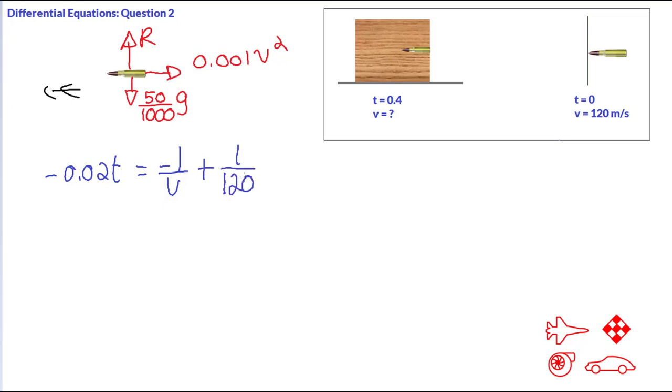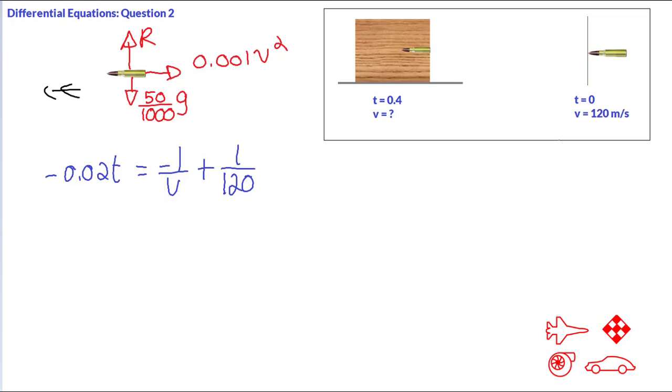Now I want an expression for v as a function of time. So v the subject and time on the other side. I'm going to add 1 over v to both sides and add 0.02t to both sides. Ultimately what we're doing is we're taking this to that side and this to this side.